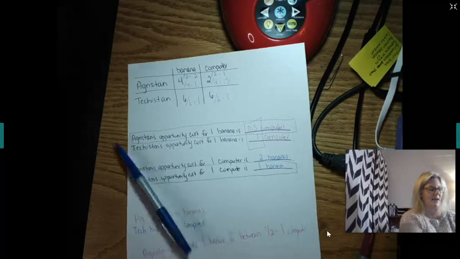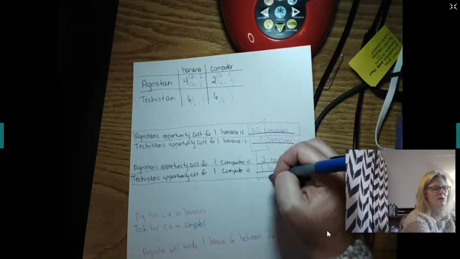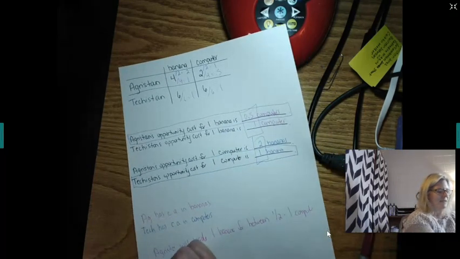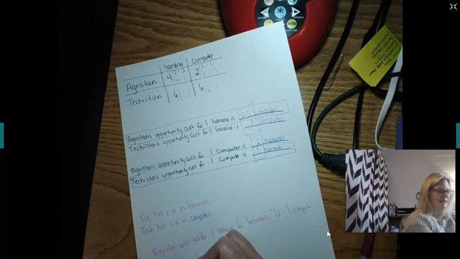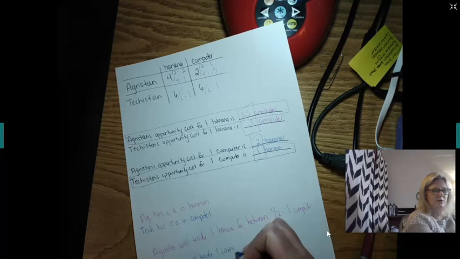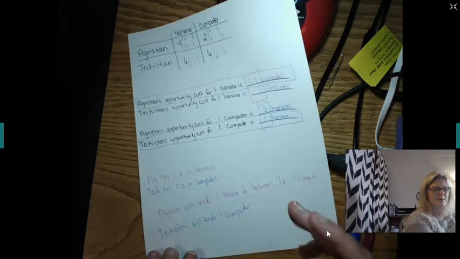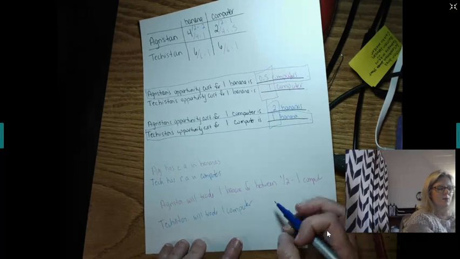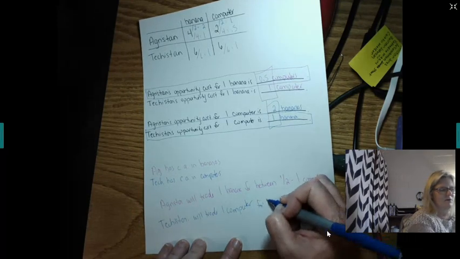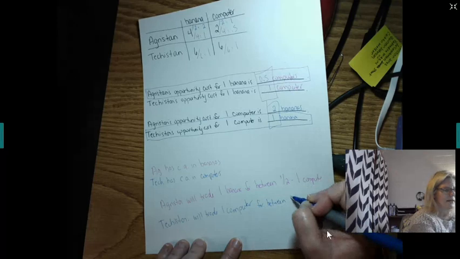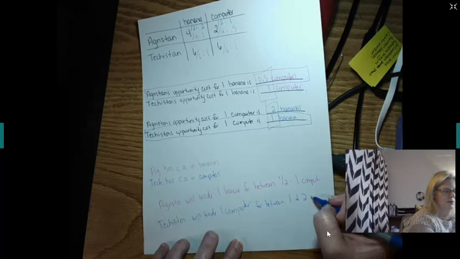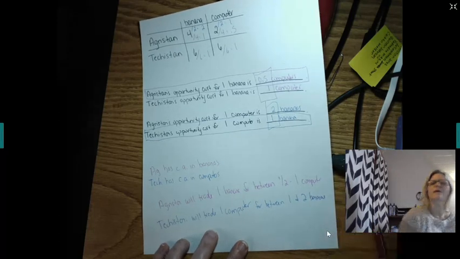We could also look at it here on this side where Tekistan will trade one computer. Let's see, put that where you can see it. Tekistan will trade one computer for between 1 and 2 bananas inclusive.